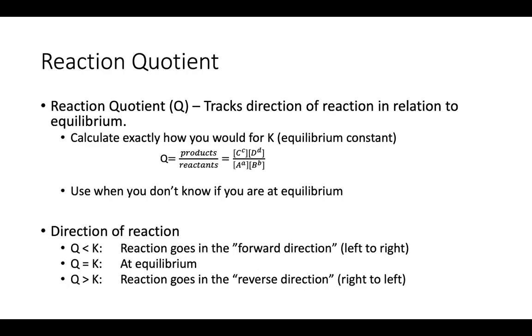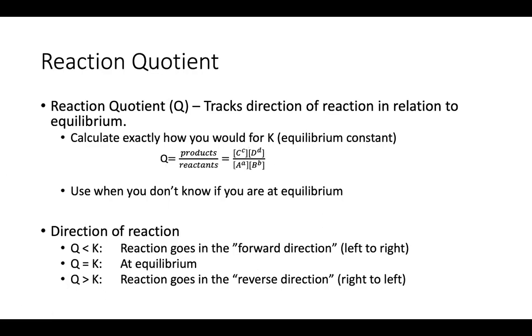Okay, and how do we actually calculate this reaction quotient? Well, when we look at the equation, from a very superficial view, our reaction quotient Q is equal to products divided by reactants. And for our general basic equation that we use, A plus B goes to C plus D, this is how we solve for Q, our reaction quotient.